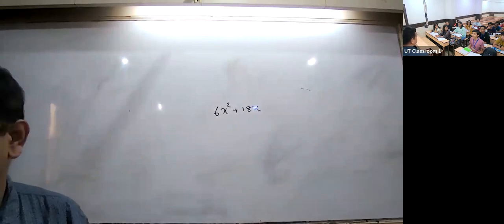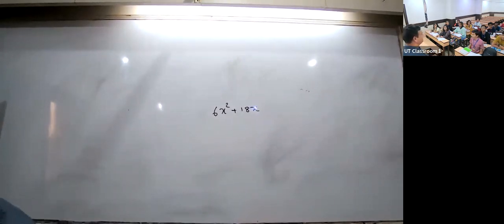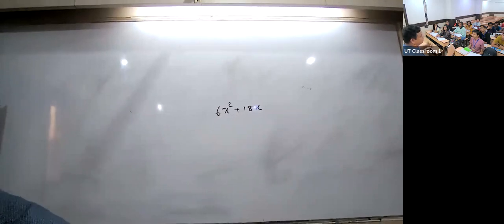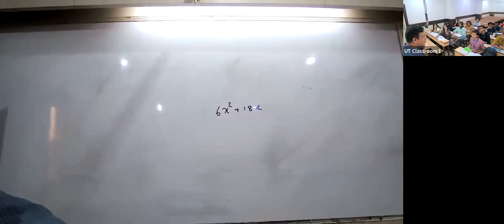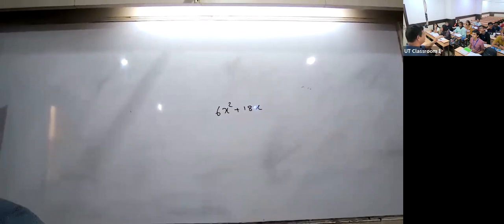We'll write 6x square plus 18x plus 0. Then the product is 6 into 0. Then how will you split into two things? 6x square plus 18x plus 0x.